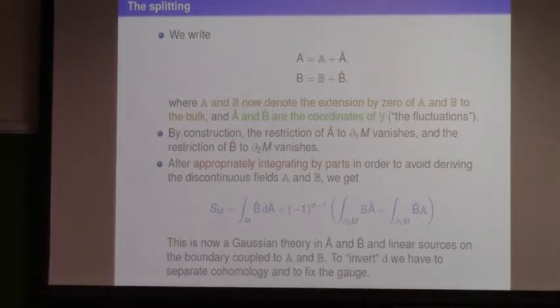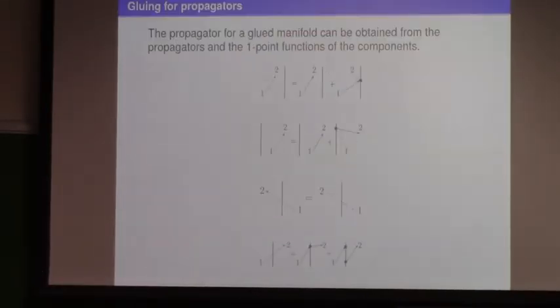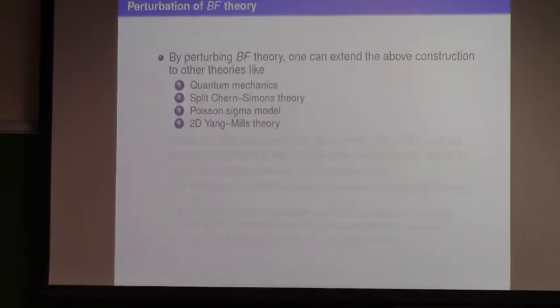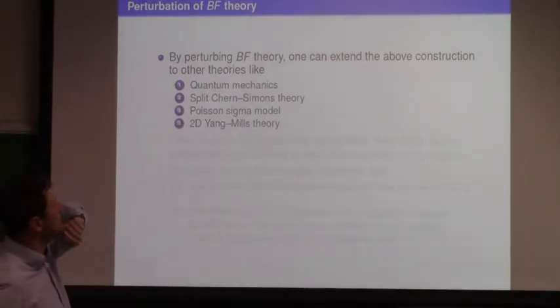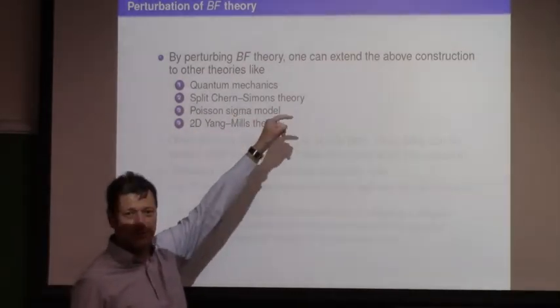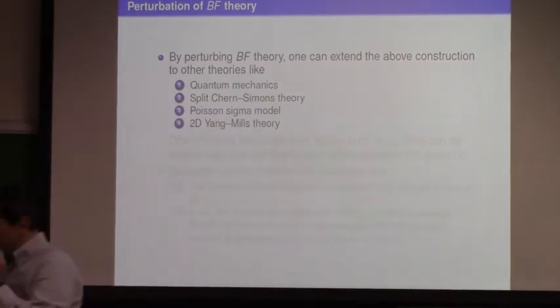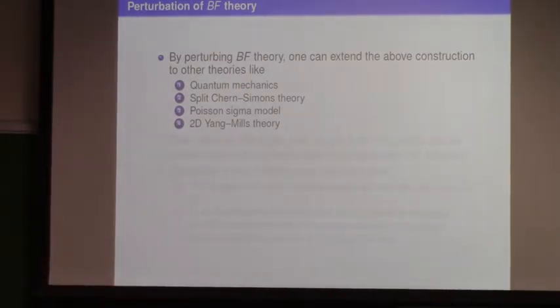So what are the examples of this theory? Well, there are a lot of theories. One is, in one dimension, quantum mechanics as an example of this perturbation. In three dimensions you have Chern-Simons theory, in the case where the algebra is even dimensional and has a splitting.